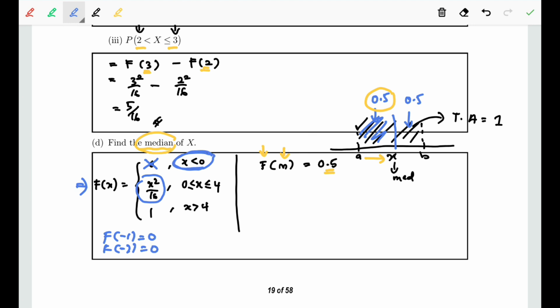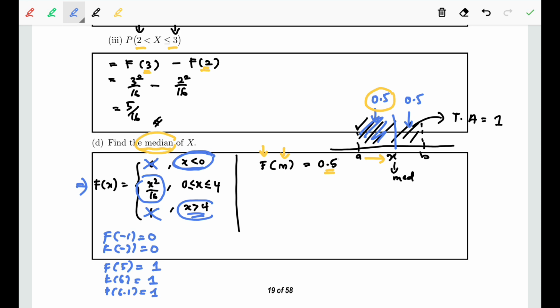The last piece, for x greater than 4, is also eliminated, because F of 5 equals 1, F of 6 equals 1, F of 6.1 equals 1. Every x greater than 4 will give you 1.